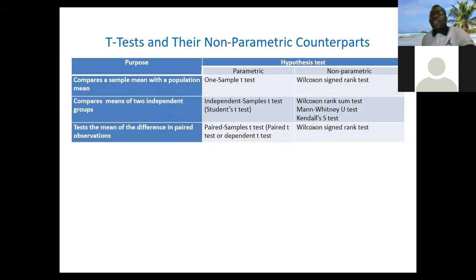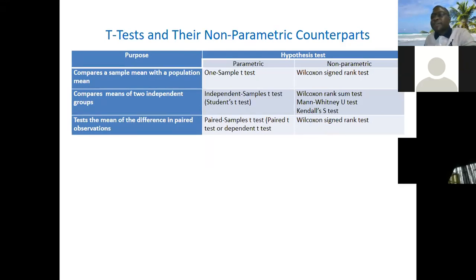You will see later that the drawback of the non-parametric test is that the best it does is tell you whether something is significant or not. So you cannot estimate the confidence interval. After all, the confidence interval itself is not a hypothesis test. It's a form of inferential statistics, but it's not hypothesis testing. But the t-tests are close to the confidence interval in the sense that you compare means.